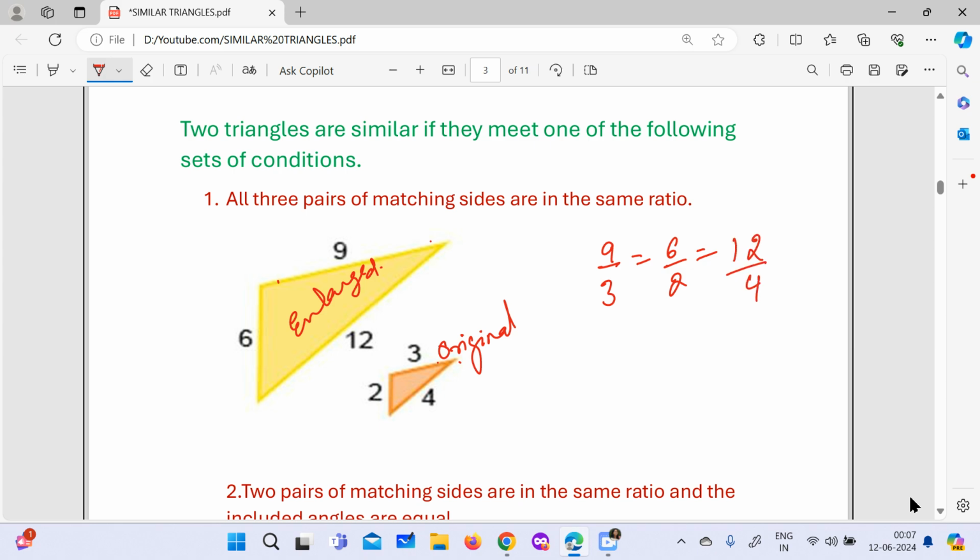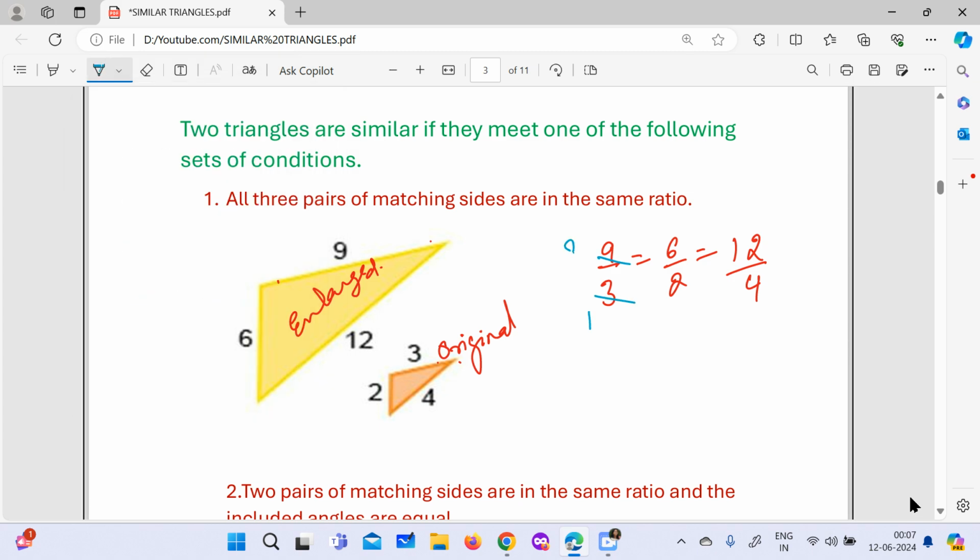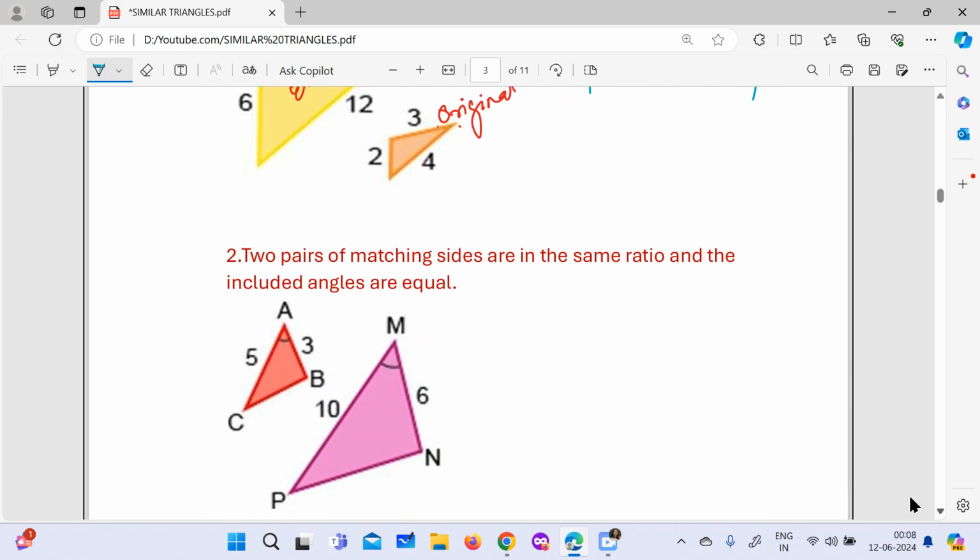Now we will see whether they are in proportion or not. So you can see they are in the same proportion, that is 3 is to 1. So I hope this step is clear to everyone. This first point, all three pairs of matching sides are in the same ratio, is for similar triangles.